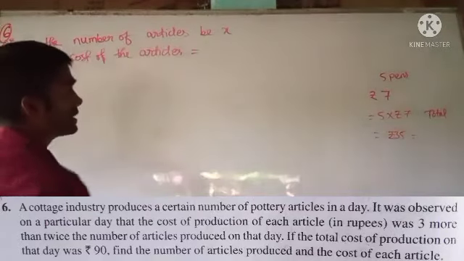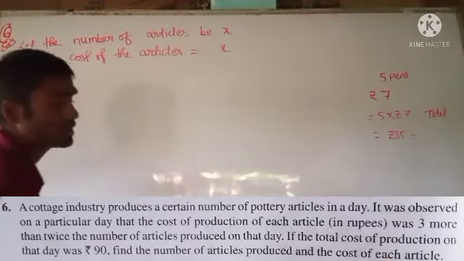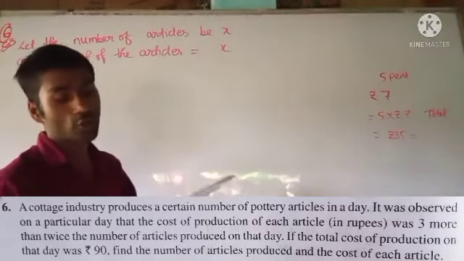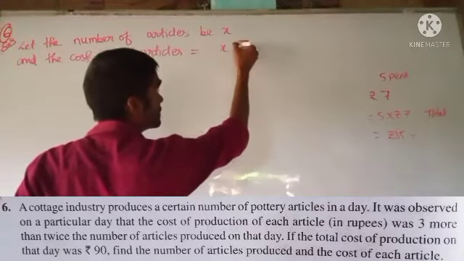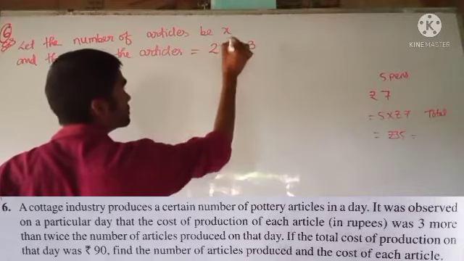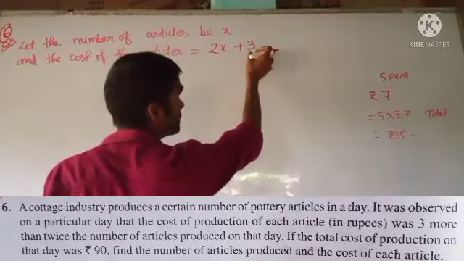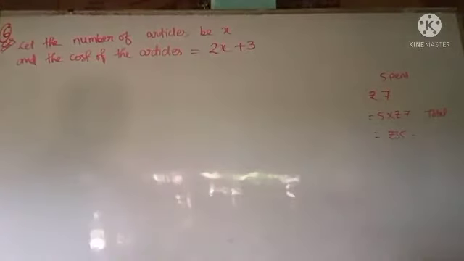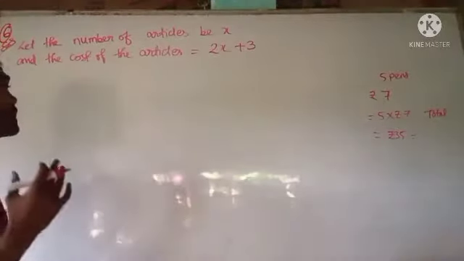Here also we will do the same thing: the number of articles, x, will multiply with the cost. Now what is the cost? The condition given is 3 more than twice the number of articles produced. That is 2x plus 3. And the total production is equal to rupees 90.